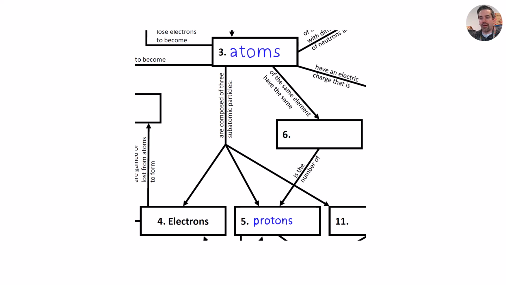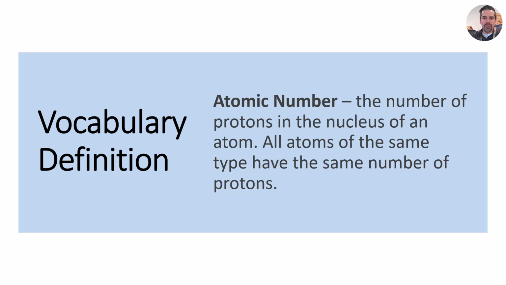Now, protons are a very important particle in an atom. I would say they're the most important because they give the atom its characteristic. So let's take a look at a vocab definition. The vocab definition is the atomic number. The number of protons in the nucleus of an atom is the atomic number.